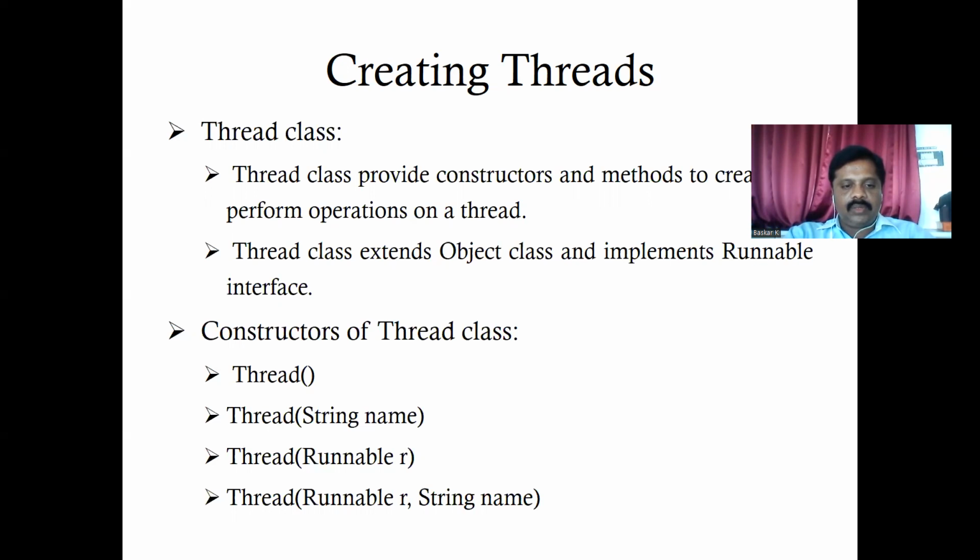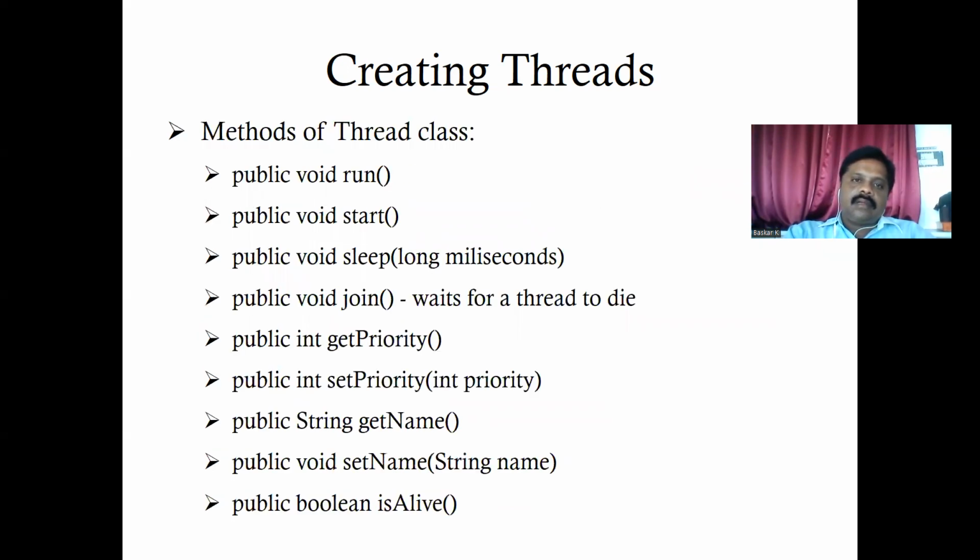We have some methods of the Thread class: public void run, public void start, public void sleep, public void join, public int getPriority, public void setPriority, public String getName, public void setName, and public boolean isAlive.